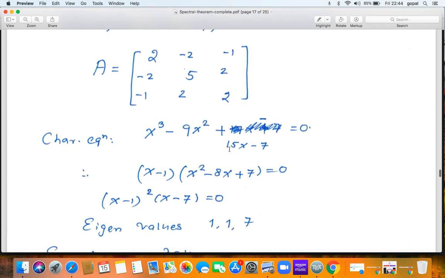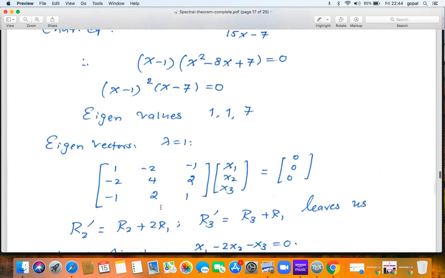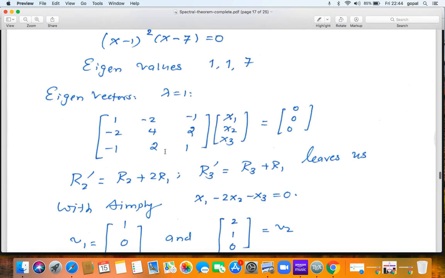It's a real symmetric matrix. A real symmetric matrix is diagonalizable. You should be able to find 3 linearly independent eigenvectors. When you take lambda equal to 1, you have to solve A minus lambda I times x equal to 0, so you must perform row operations.